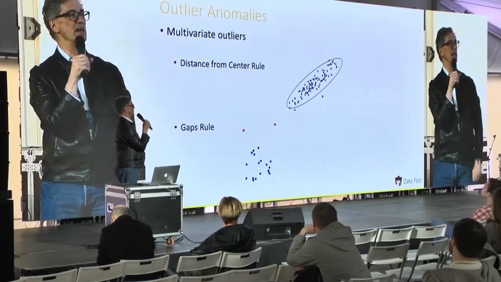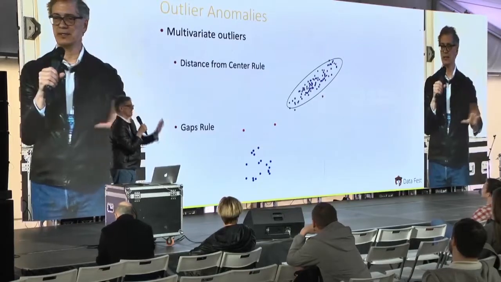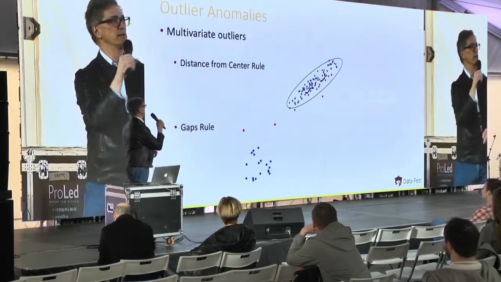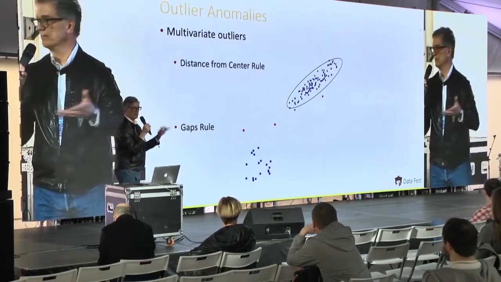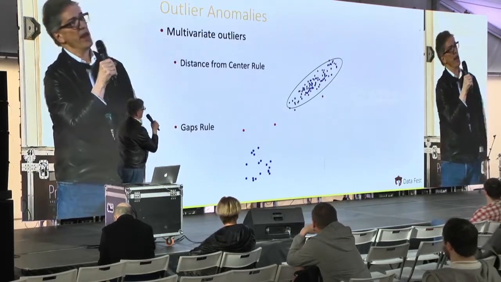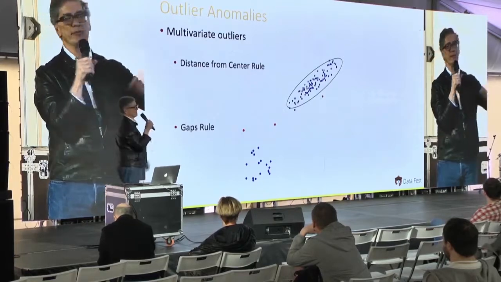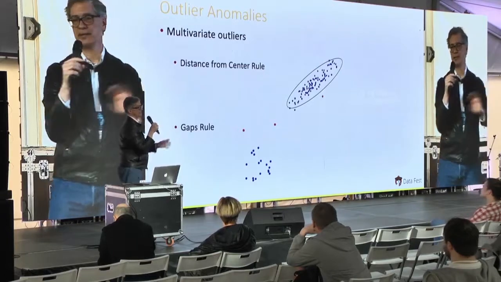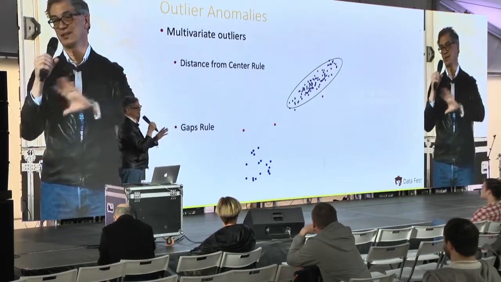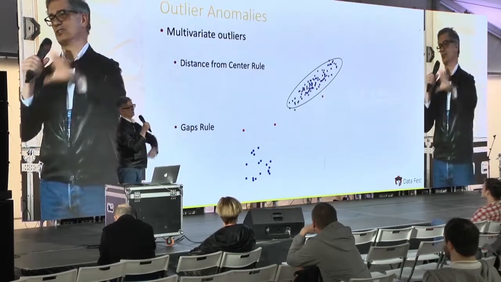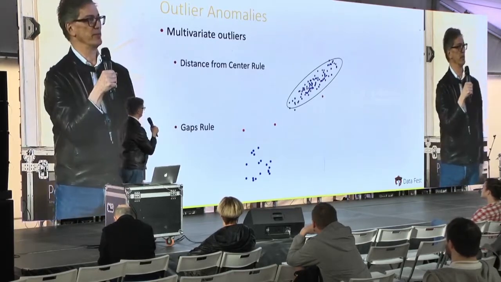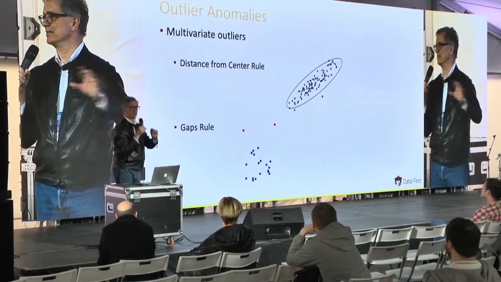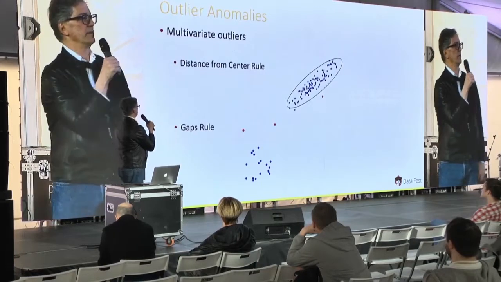The distance from the center rule states that the red dot is far from the density, that's a joint bivariate Gaussian or bivariate normal density, and the red spot is quite far from the center of that ellipse, and we call it an outlier. Now, the theory behind that involves using things like Mahalanobis distances, which adjusts for covariances among the variables and so on, but the point remains. That's basically what the concept is.